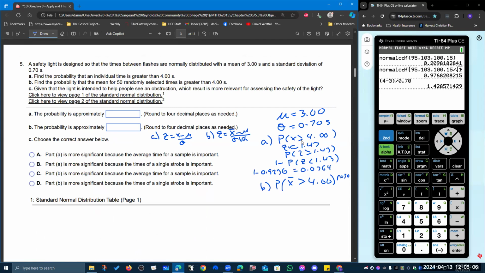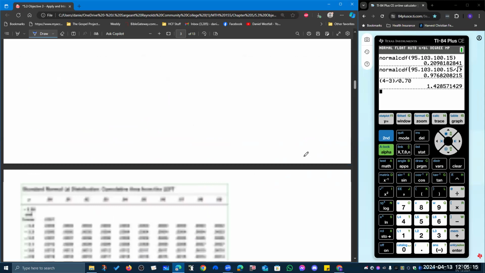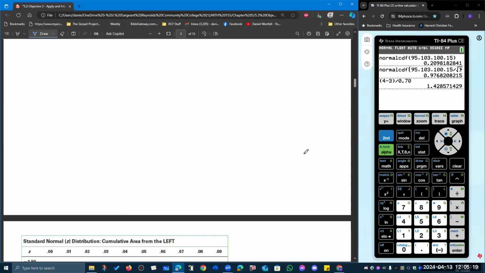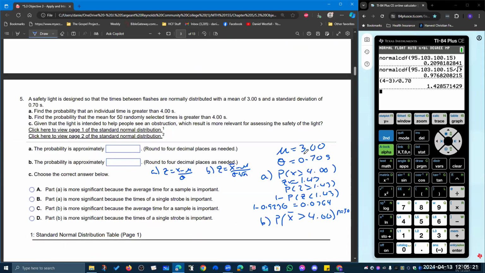And they tell me that it is a little different than that. So let me write what I've got in here. I think their difference is because they used technology instead of the table.